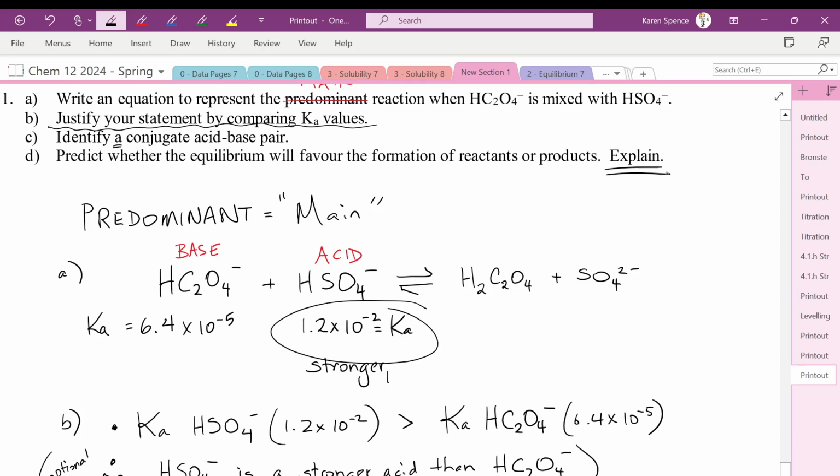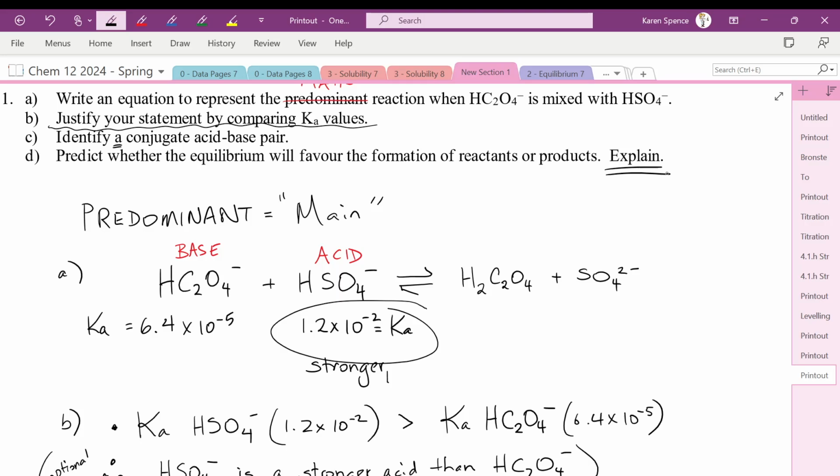And then strongly this side. So, okay, let's put phrasing. Bullet point 1: the Ka of H2C2O4 is greater than the Ka of HC2O4 minus.